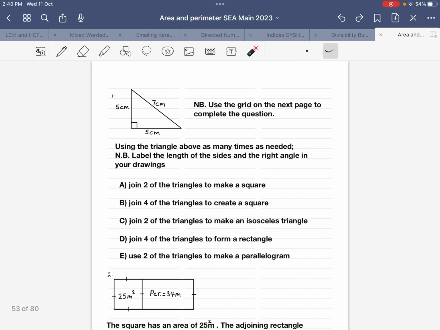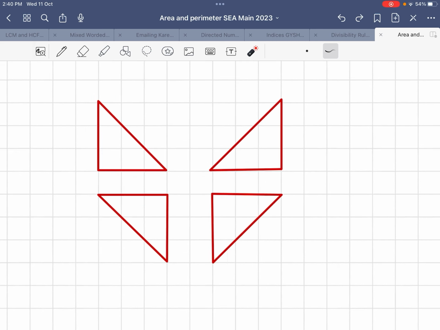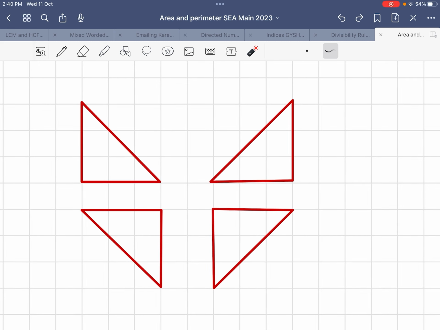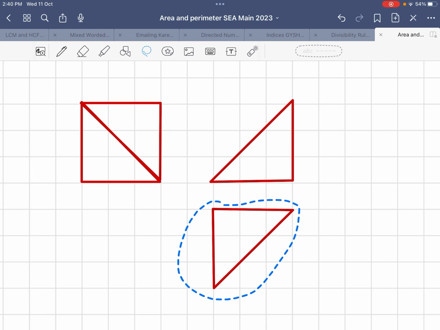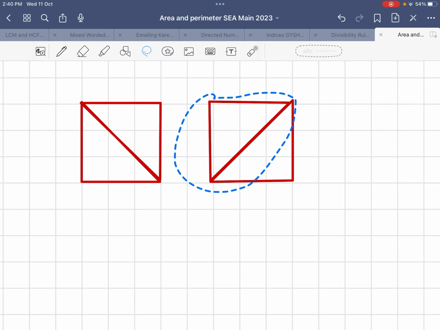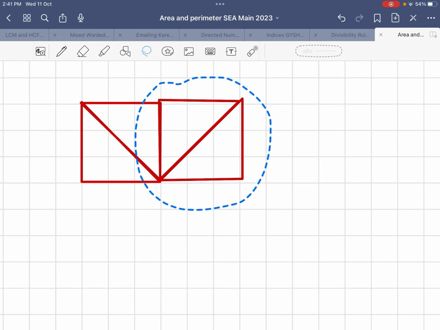Next, we have part D, join 4 of the triangles to form a rectangle. So we can simply combine 2 squares to make a rectangle. So if we join these 2 to make the square again, and we do the same thing with these, and then we join the 2 squares, we will get a rectangle.